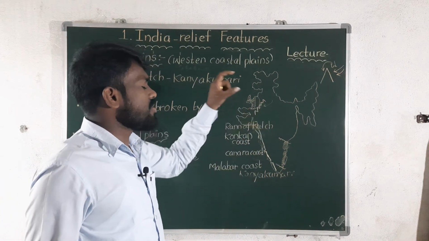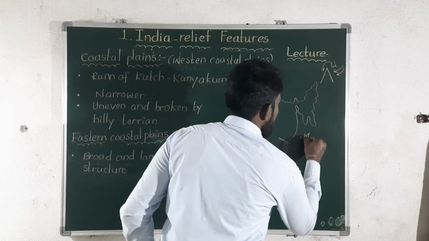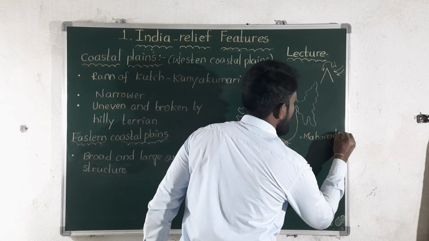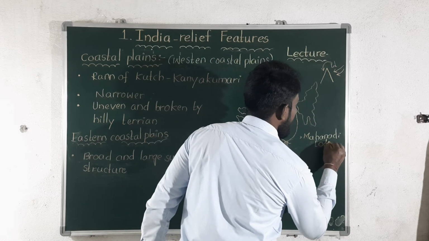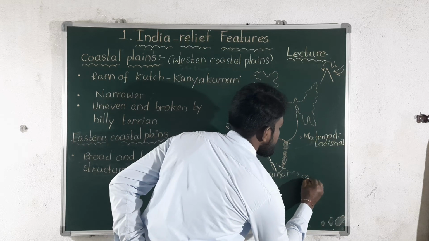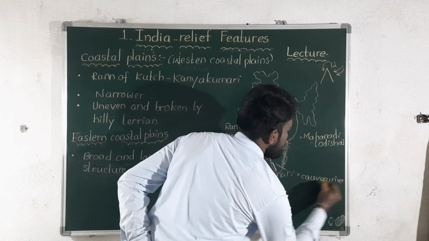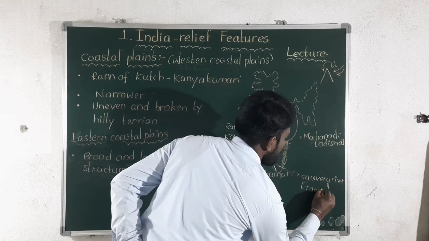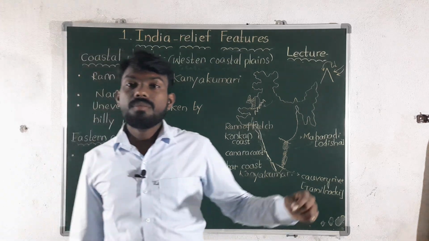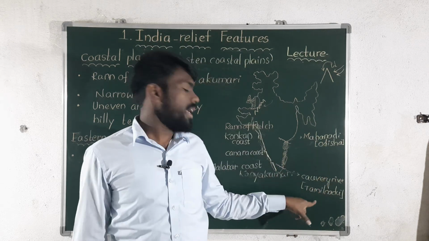This is the river Mahanadi, located in Odisha state, to the Kaveri river in Tamil Nadu.